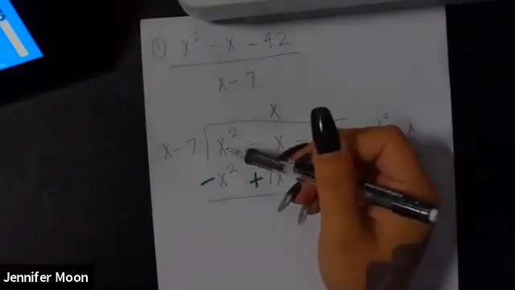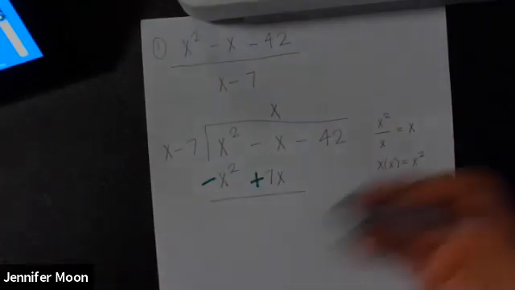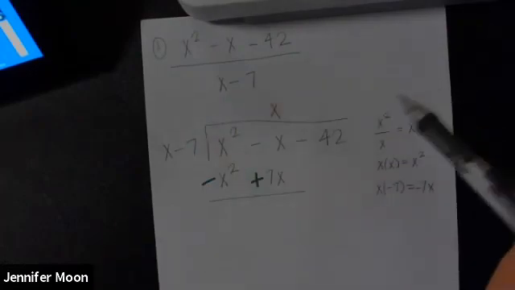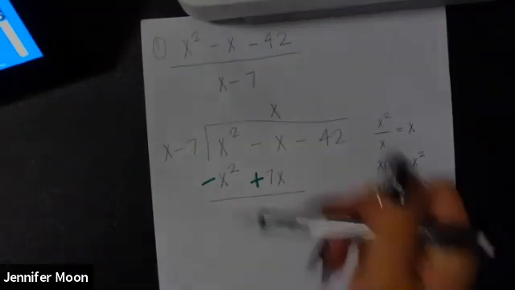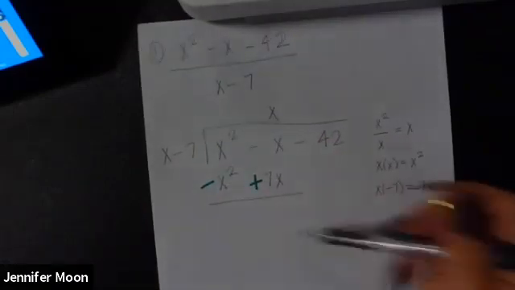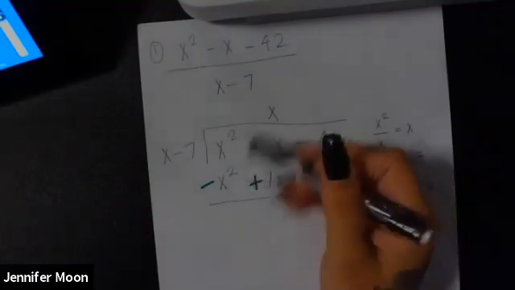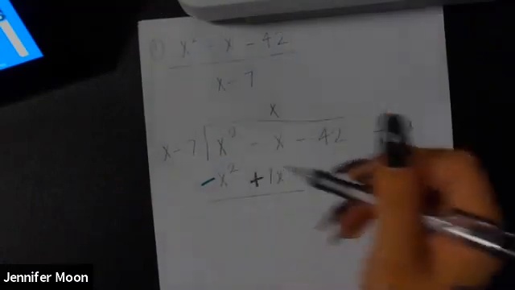If I have 1x squared minus 1x squared, don't those go away, right? They're the exact same thing with different signs. Those go away. So you just scooch on over to the next term. That has to happen. If those don't go away, your multiplication or something's wrong.